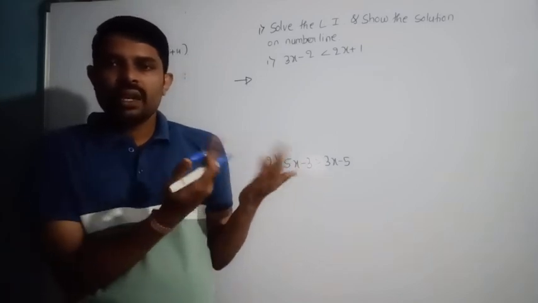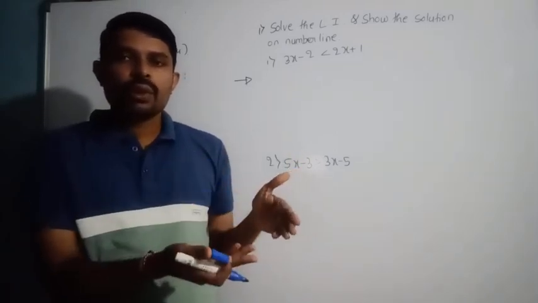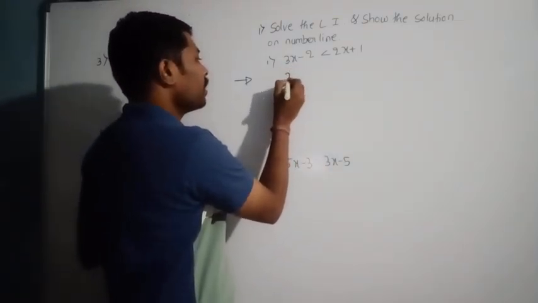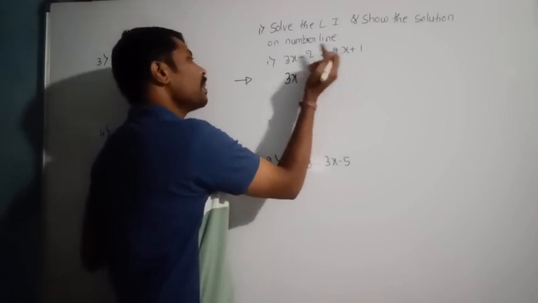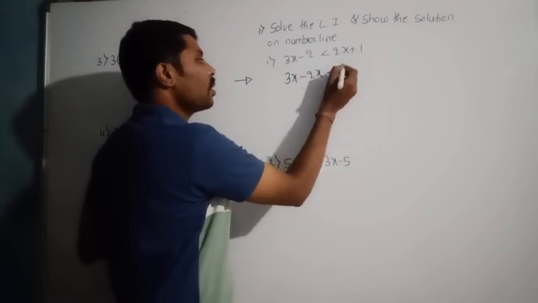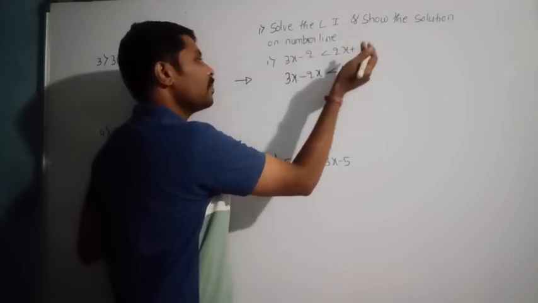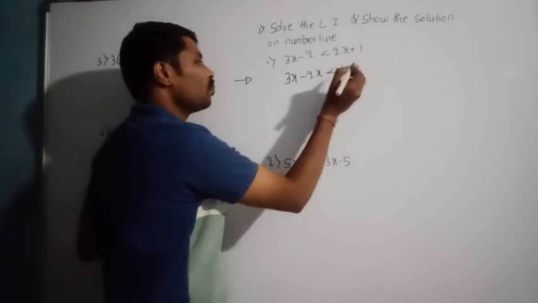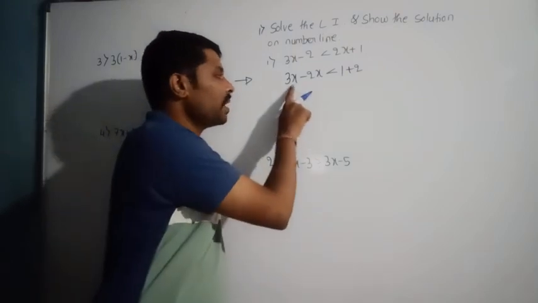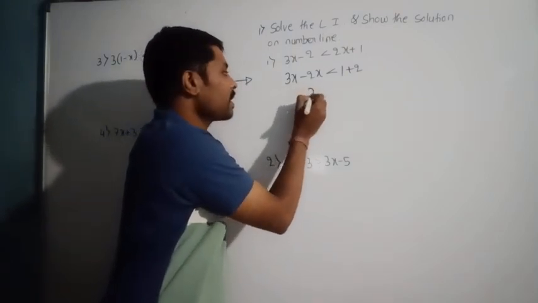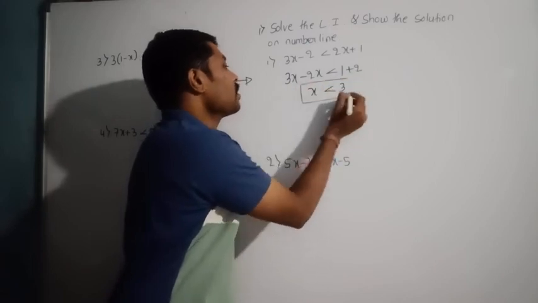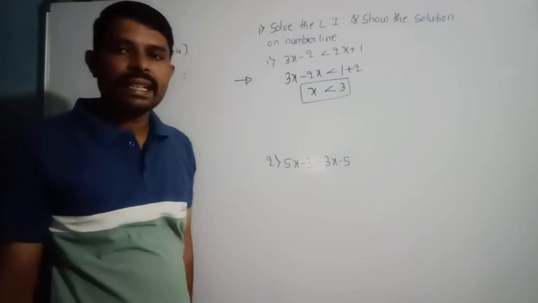So tell me what you will get. 3x, if I take 2x to this side, minus 2x, less than 1, minus 2 if I shift there, plus 2. Now is it possible to simplify? 3x minus 2x, x less than 3. So I got the answer x less than 3.